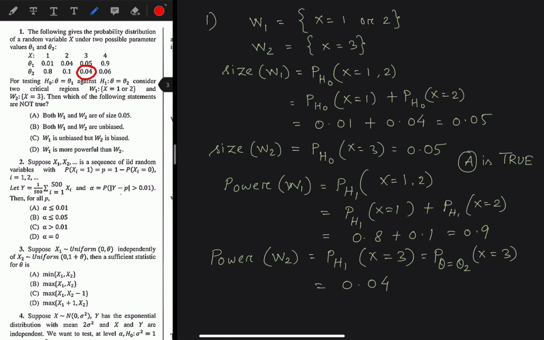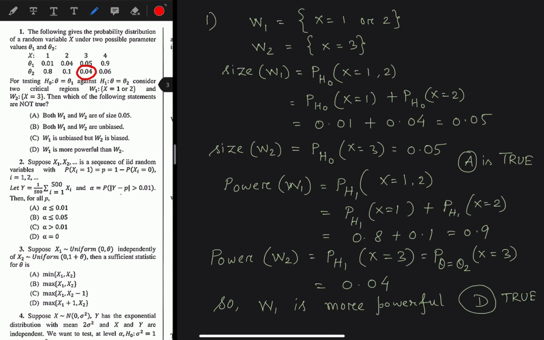Now we can verify that the power of W1 is much greater than the power of W2, so W1 is more powerful. So option D is true. But we have to find the option which is not true.